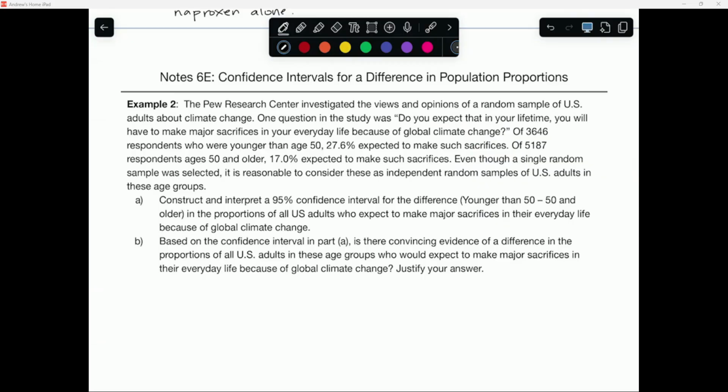Justify your answer. So we're asked to do a 95% confidence interval for the proportion who believe that they'll have to make major sacrifices due to climate change, and our two groups are age-based, younger than 50, 50 and older, and then check whether we have enough evidence to support a difference.